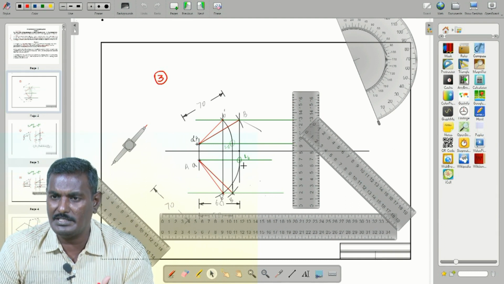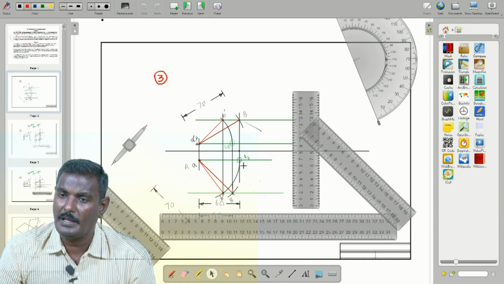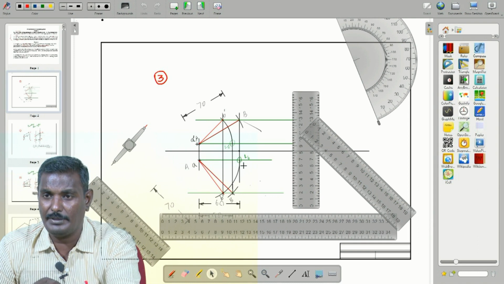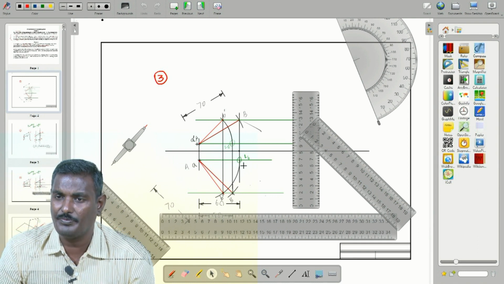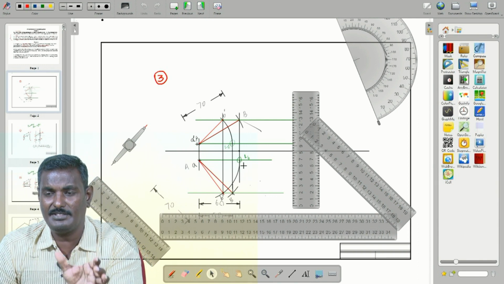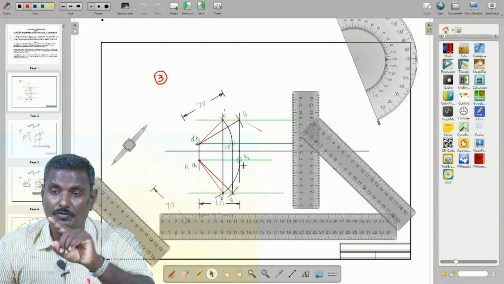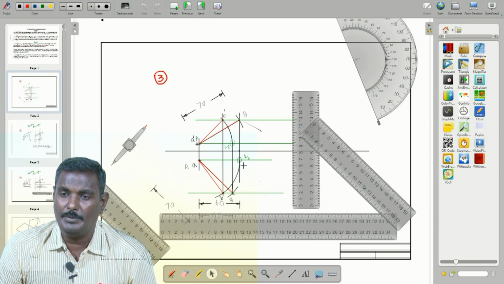In a similar case, from capital B of the plan view, draw a projector that intersects the A dash locus line. That point is LB dash. Then measure A dash and LB dash as radius and make an arc to intersect the locus line from the capital B of the elevation.